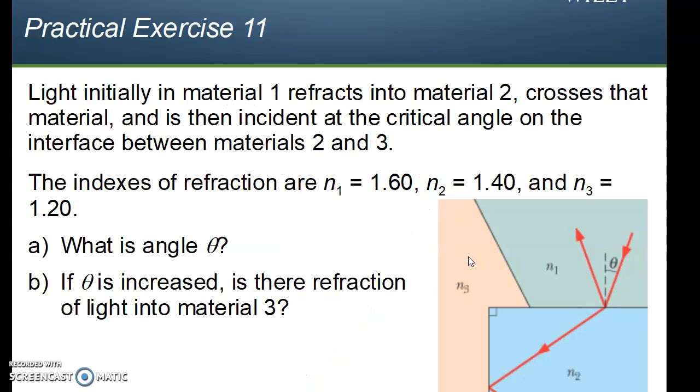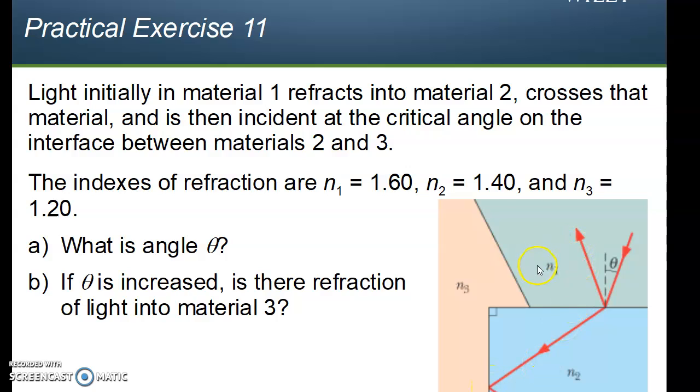Practical exercise 11, which is problem 61: light initially in material 1 refracts into material 2 and crosses that material, and is then incident at a critical angle on the interface between materials 2 and 3. Okay? So it crosses into here, and when it hits 3, it's at a critical angle, so it's just going to be totally reflected.